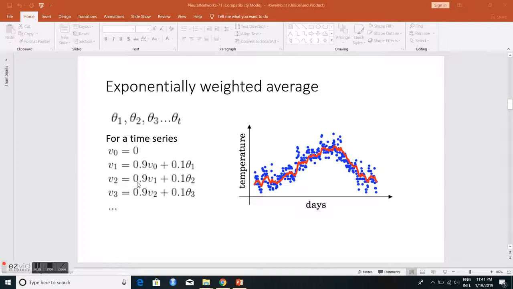And v2 will be 0.9 times the previous value v1 plus 0.1 times the value at that point, which is theta 2, and v3 is equal to 0.9 v2 plus 0.1 times theta 3. So we can go on like this. Basically at any point, let's say vt, we get the moving average for this particular series of values, theta 1, theta 2, theta 3 up to theta t.